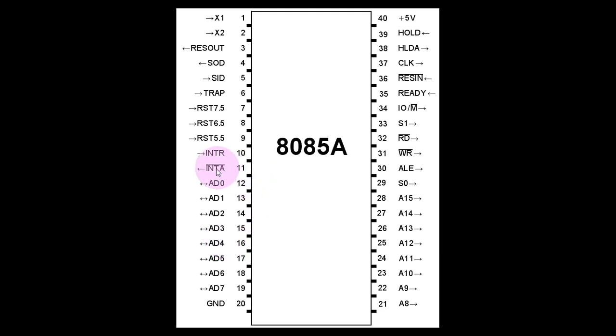You can also see that some of the signals have a bar over them, so these are active low pins, right? This terminology must be clear to you from your digital logic course.